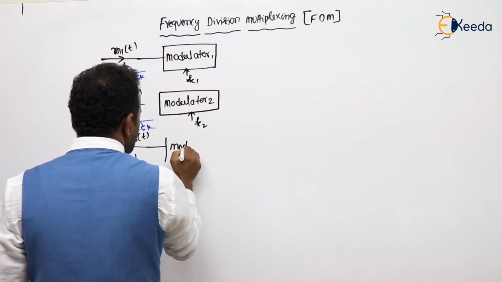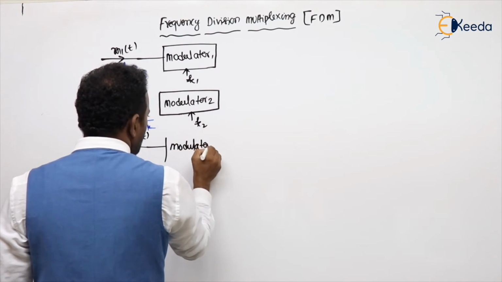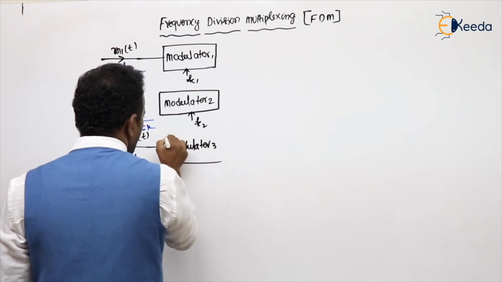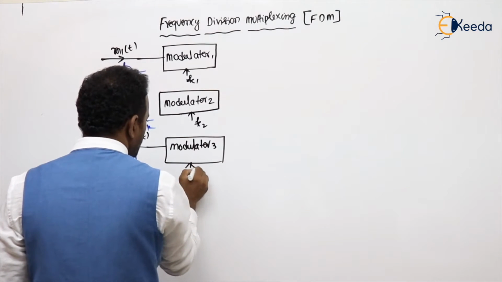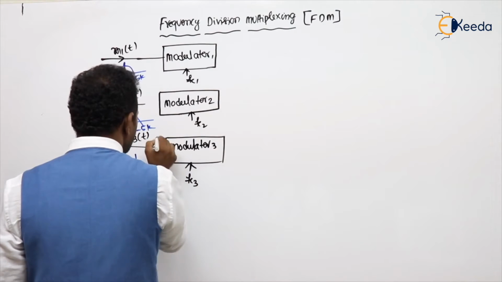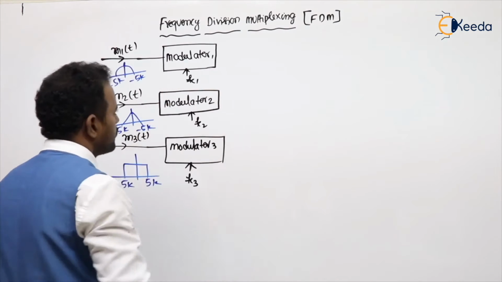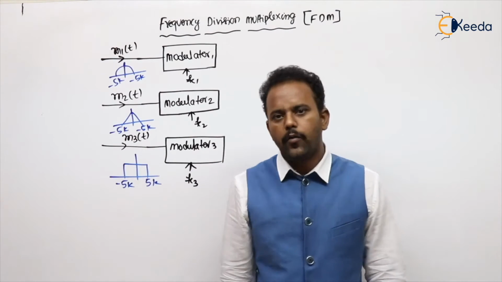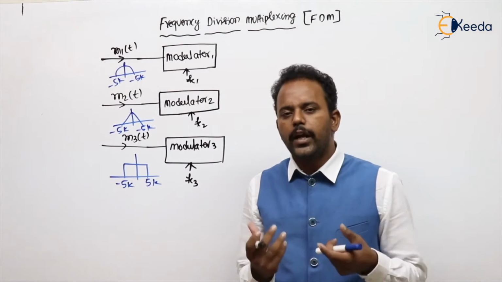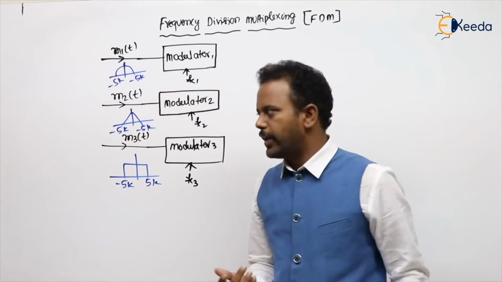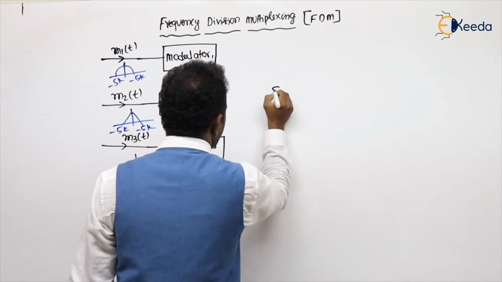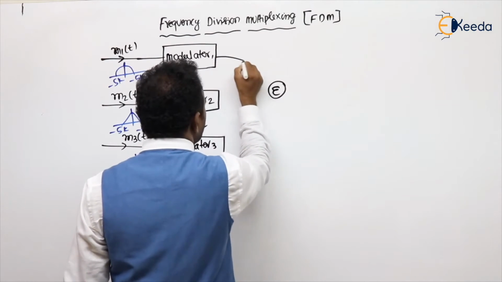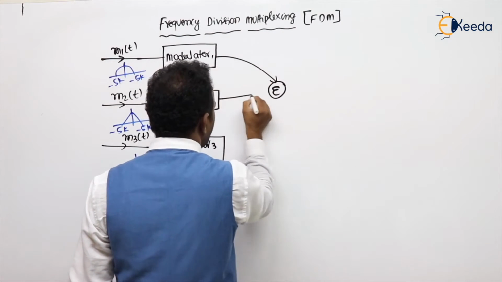The next one is modulator 3: for this one, we are using a different carrier, FC3. After modulation, we can give it to the channel by adding all these three. So let's take an adder here, and we give all of them to it.